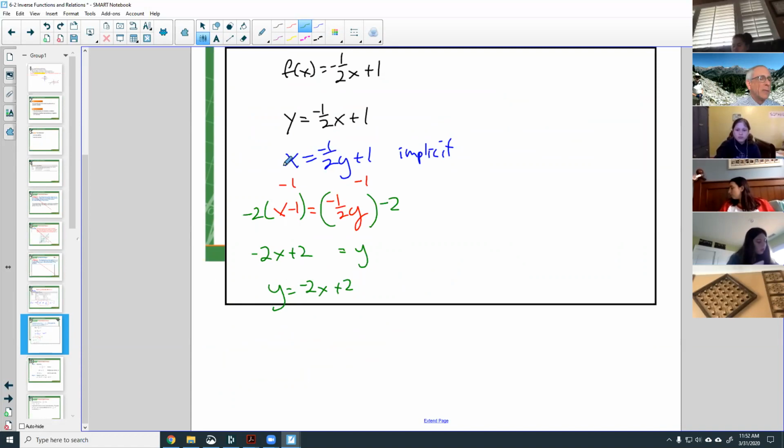You're probably about the same way. And once I do that, I found the inverse. So y is really f minus 1 of x is equal to negative 2x plus 2. So I started over here with f of x. I changed my f of x to y.